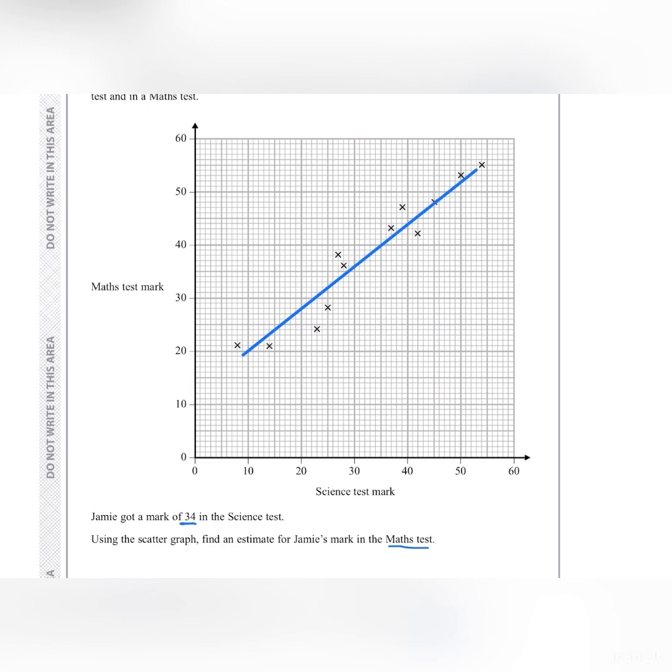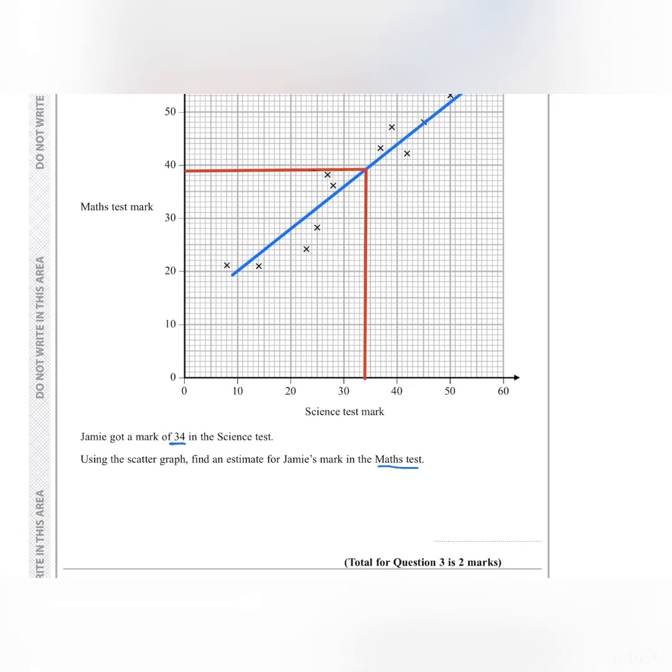So 34 is roughly here. So follow that line, go up to this line and then read across the value over here. But it looks like Jamie got 39 marks in his maths test. 39 marks.